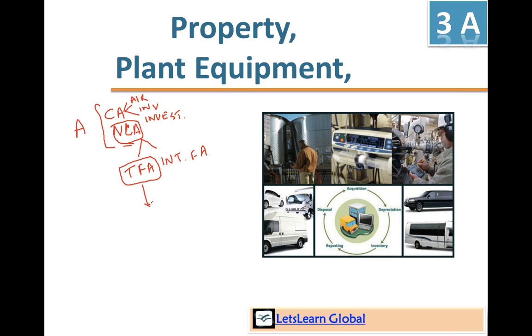So an asset which has some physical substance is called a tangible asset, like vehicle, motor car, land, buildings, furniture, equipment are the examples. They have some physical substance. Okay, they exist. The ones which I showed you here all are tangible fixed assets.